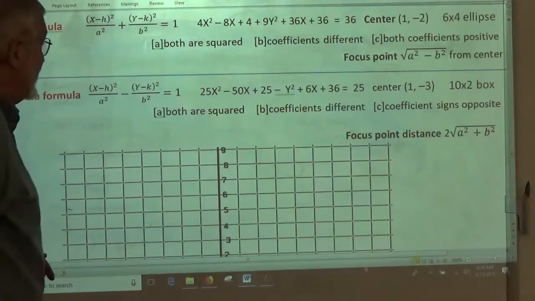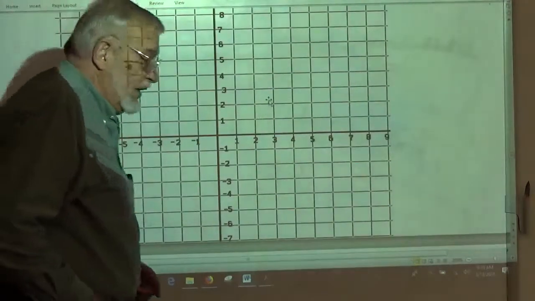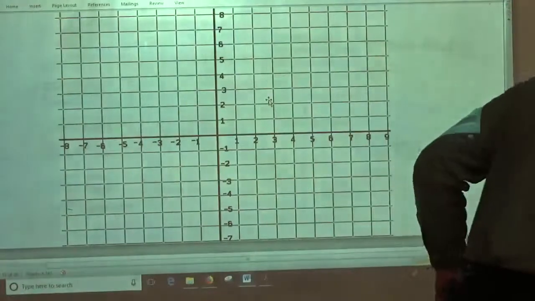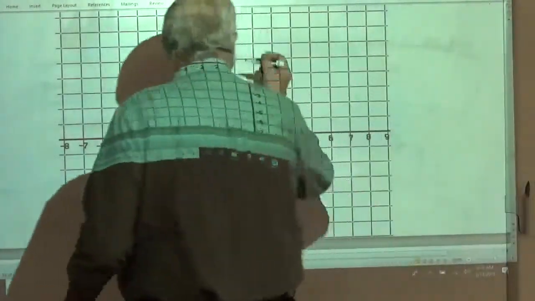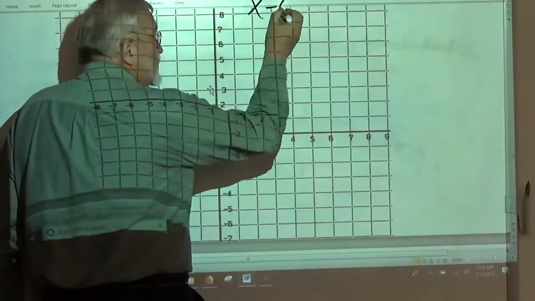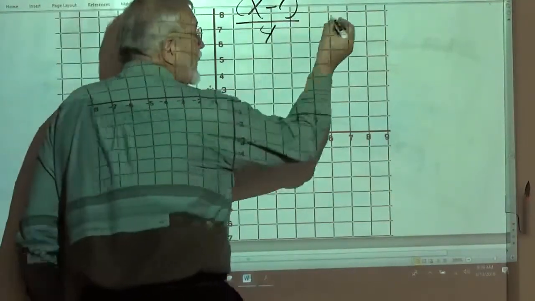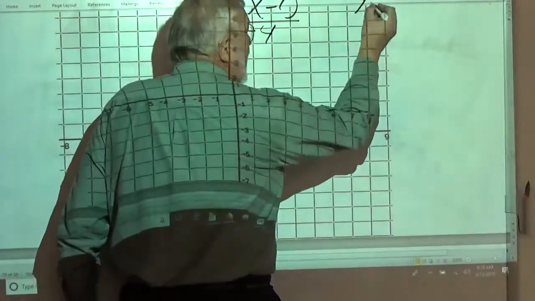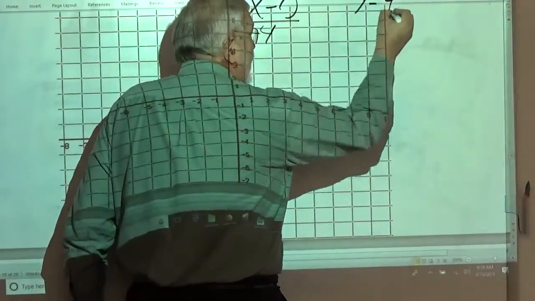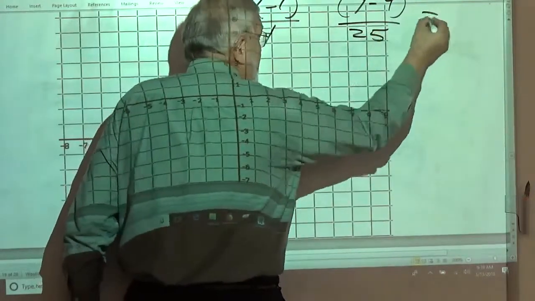Okay? Now, what we did last week, I'm going to go through that one more time with my brand new markers. Hopefully they work. If I give you (x minus 1) squared over 4, and then (y minus 4) squared over 25 equals 1.